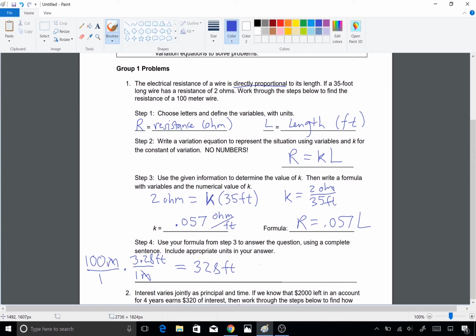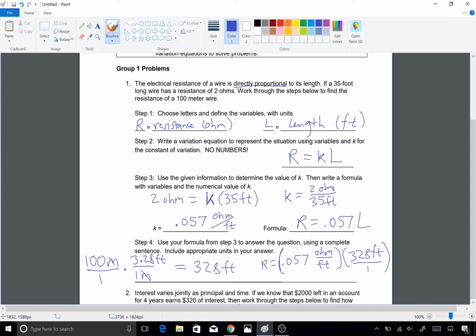So our resistance will be R equals 0.057 ohms per foot times 328 feet, and that's a whole number, so it just divides by 1.